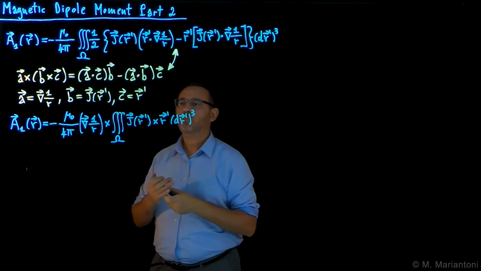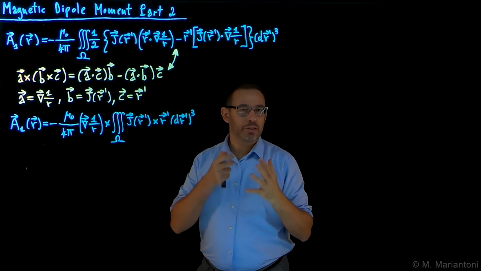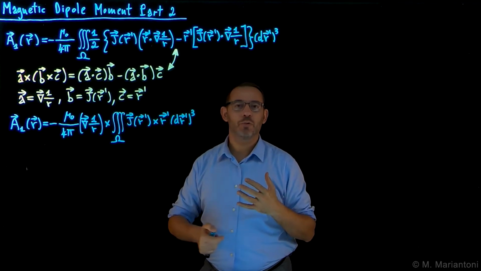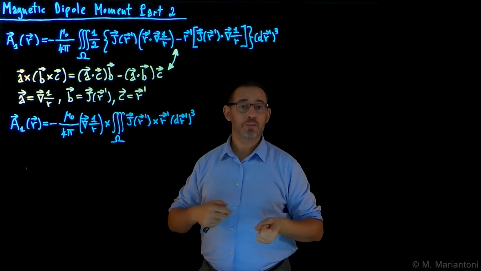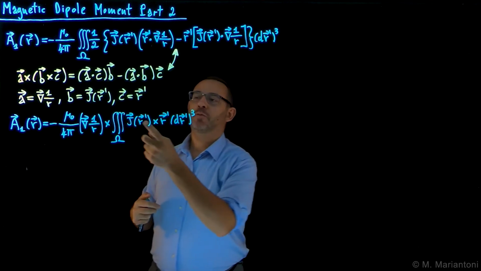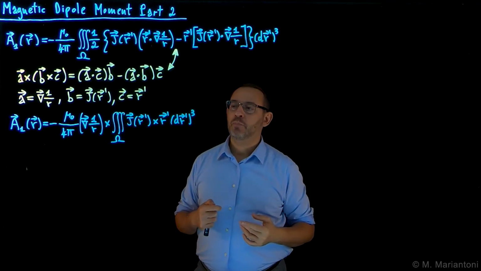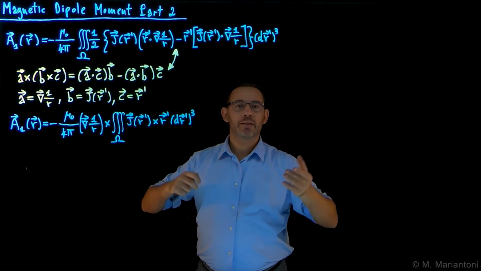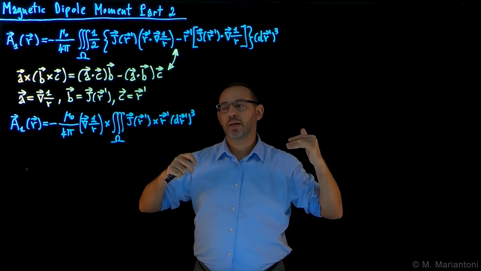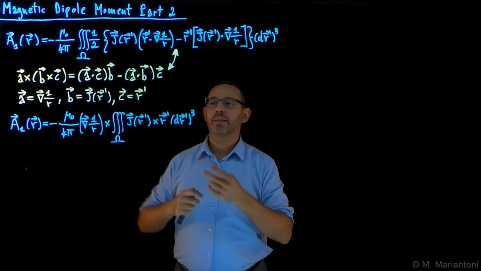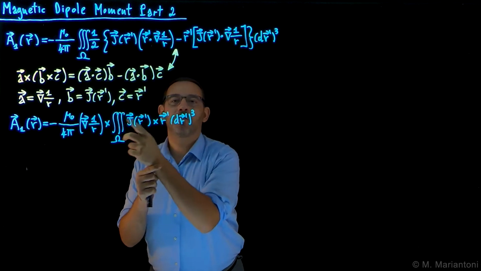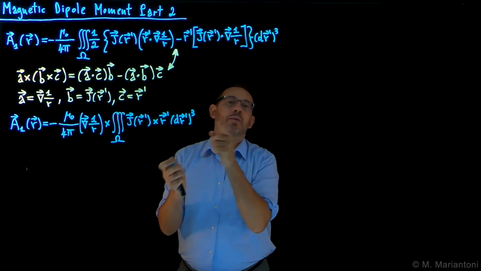Now, here you should see a definition which is a weighted average similar to that for the dipole moment. So we have J weighted with R prime with a cross product because they are vectors. However, in the definition we use in the electrostatic case, the weighting function was R prime times rho of R prime.